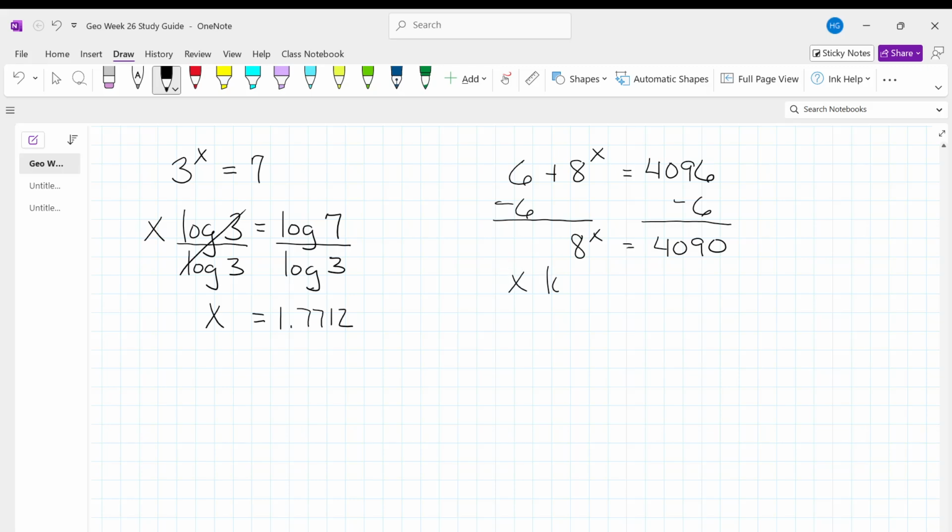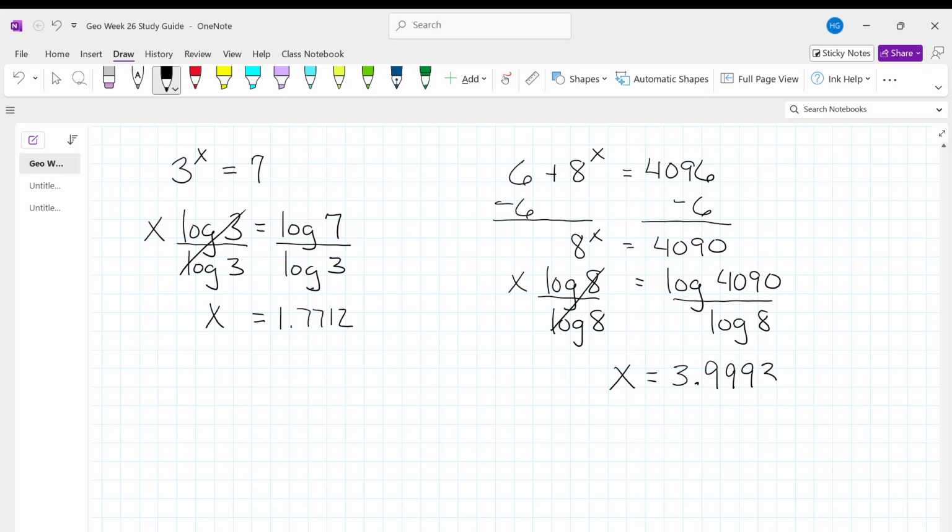So x log 8 equals log 4090. And divide each side by log 8. So our x is equal to 3.9993.